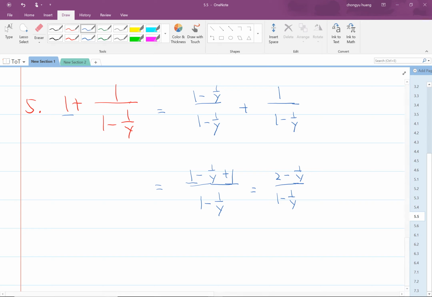So I think that's basically it for question 5. Of course over here you can see we have 2 minus 1 over y over 1 minus 1 over y, and we just cannot cancel anything more than this.